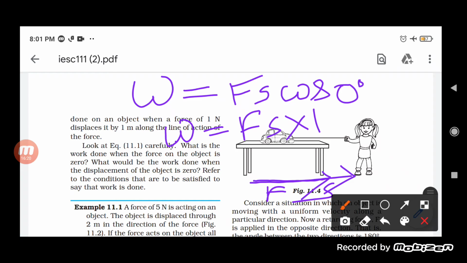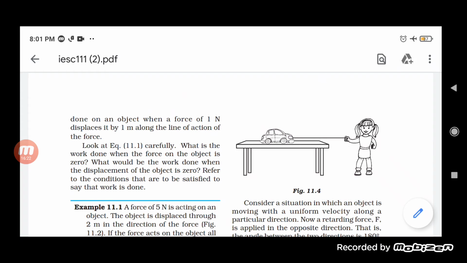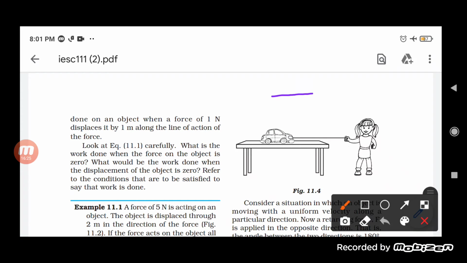Right. Now, say we apply a force on a ball, and the ball is moving in the forward direction. So this is the direction of the ball, but a force of friction is acting on the ball in the opposite direction. Now the angle made by this F and S will be what? It is 180 degree.